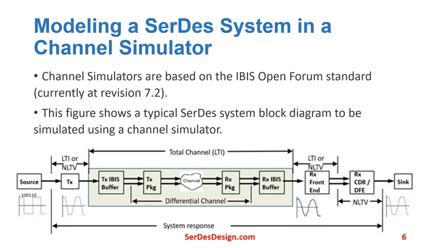The transmit IBIS-AMI model. The AMI portion typically contains a transmit equalizer, often in the form of a feed-forward equalizer. The IBIS portion provides a differential output to the channel. There's often a transmit package, channel, and an Rx package. These pieces can represent the differential channel.